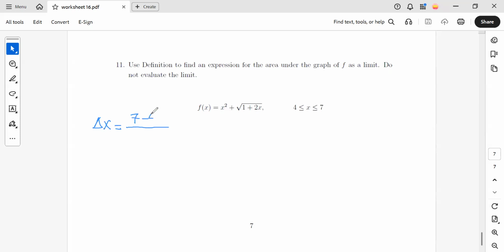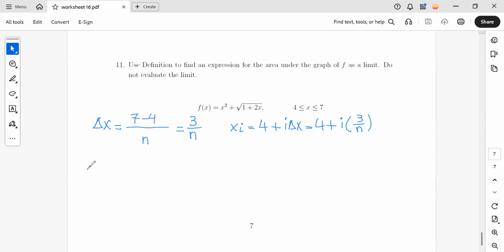So we have 7 minus 4 over n, and since it is about using the definition, we don't have any amount for n. x sub i is usually the first one plus multiples of delta x, i times delta x. In here, we have 4 plus i times 3 over n because delta x is 3 over n.